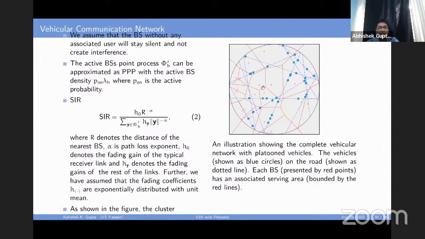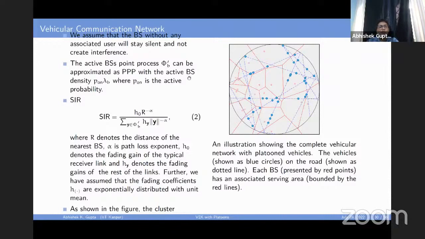Now you can see that each Voronoi cell has some users inside it. All the users in this cell will be served by this base station. All the users in this cell will be served by this base station. So that actually answers one of the questions, that you have multiple base stations which are serving multiple vehicular users on different roads and different platoons.